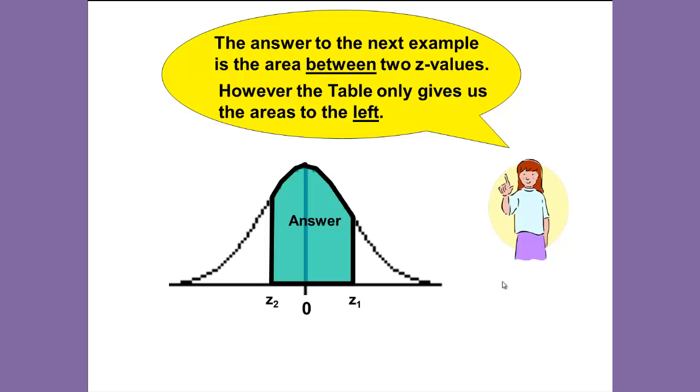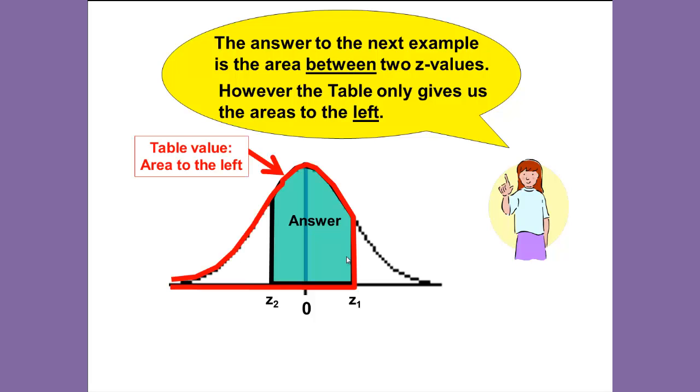So if we have two z-scores and we're looking for the answer between those two z-scores, if we look up the first z-score, it will give us the area to the left. Notice the red outlined area. That is not what we're looking for, which we have shaded in the green.